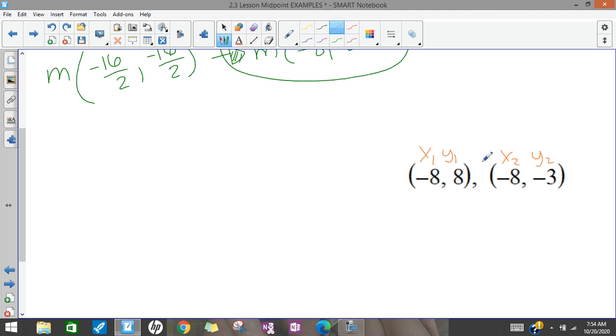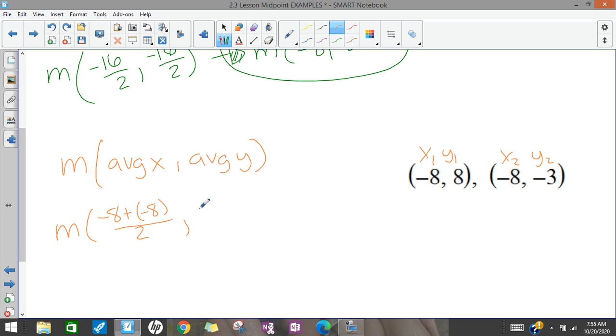Again, I label my numbers so I know what's x and what's y. I'm writing down my formula, even if it's just to say average the x's and average the y's. My x's are negative 8 and negative 8. I'm adding them and dividing by 2 because there's two numbers. My y's are 8 and negative 3. I'm adding them and dividing by 2 because there's two numbers.